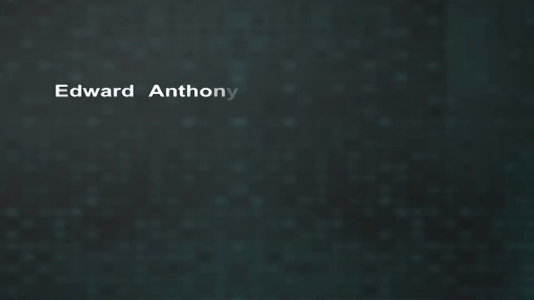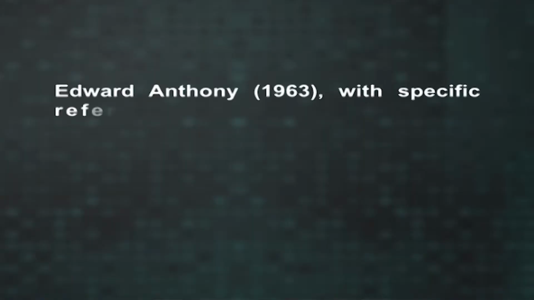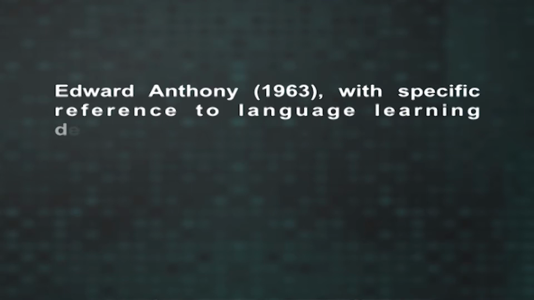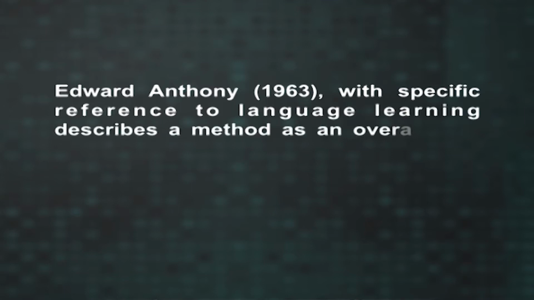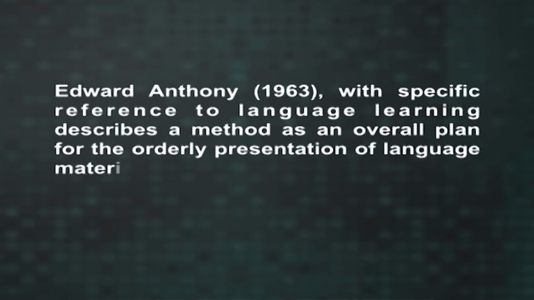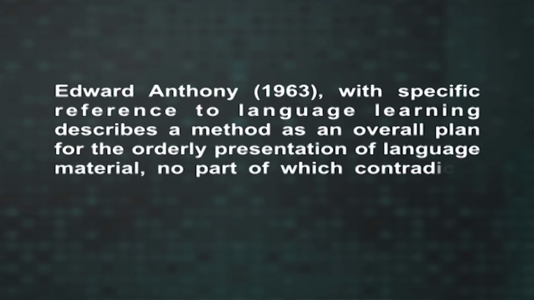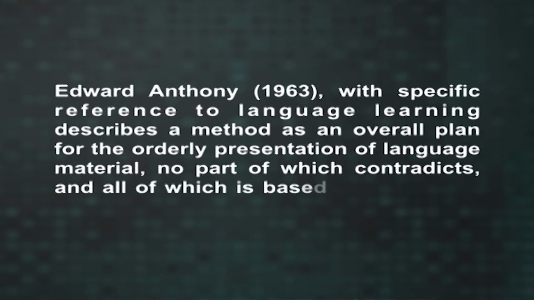Thus, we find that a method deals with form of things, that is selection, gradation and presentation. Edward Anthony 1963, with specific reference to language learning, describes a method as an overall plan for the orderly presentation of language material, no part of which contradicts and all of which is based on a selected approach.